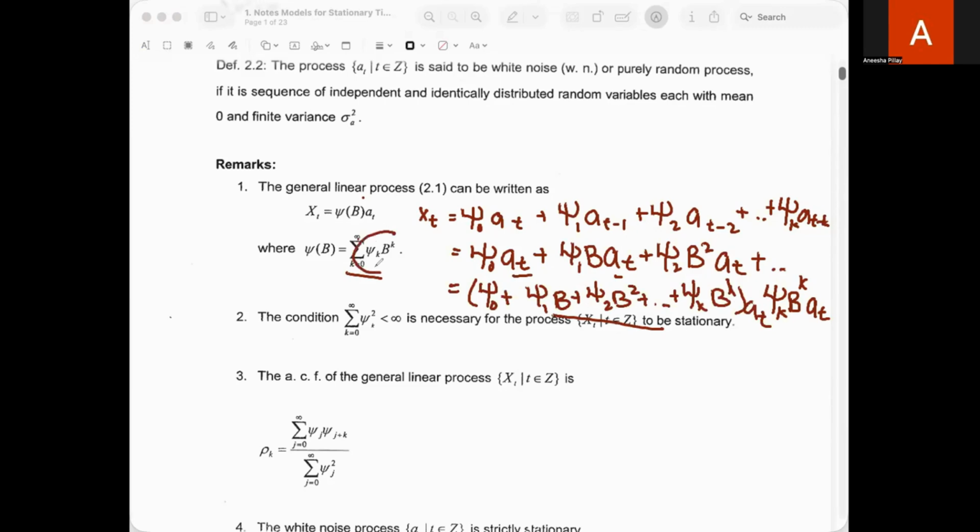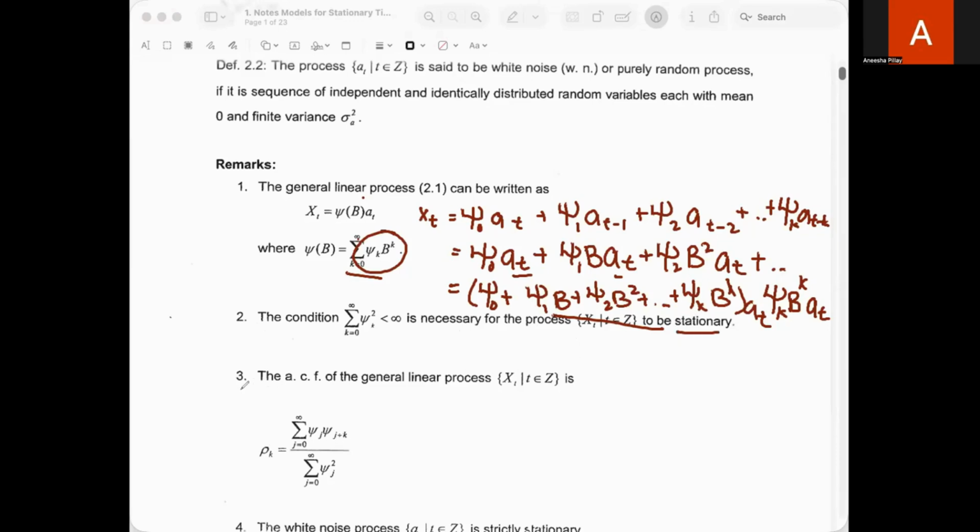For the second condition, the summation of your psi squared, your coefficients, is necessary to be finite for this process to be stationary.